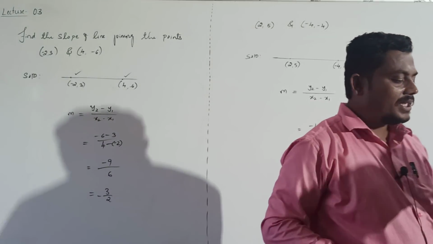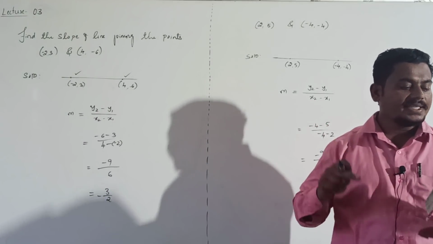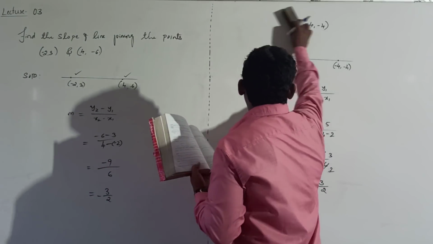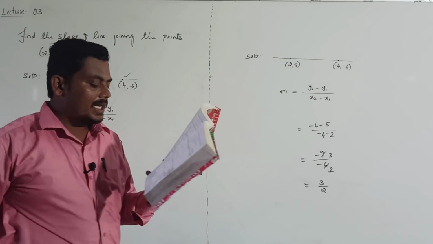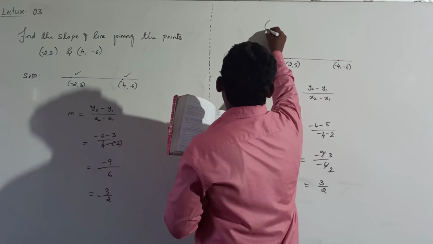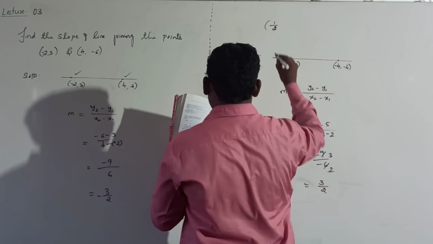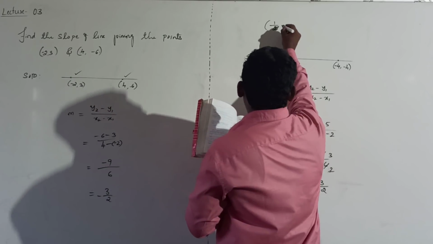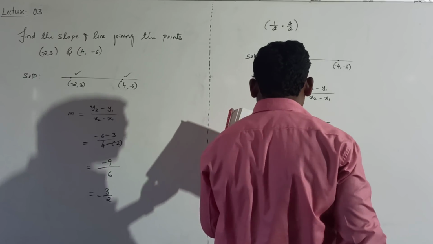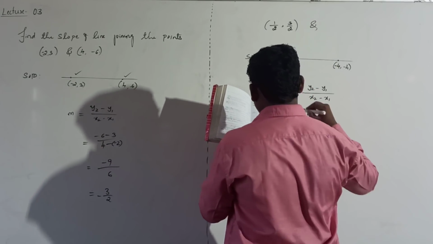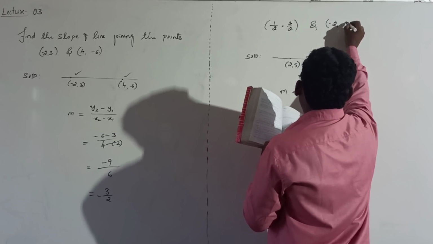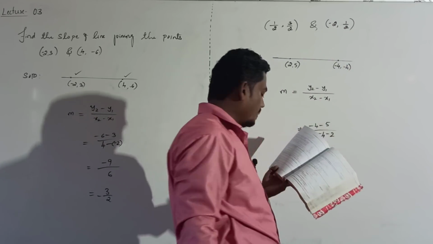Find the slope of the line joining the points 1 divided by 2 comma 3 divided by 2 and minus 2 comma plus 1 by 2, right?